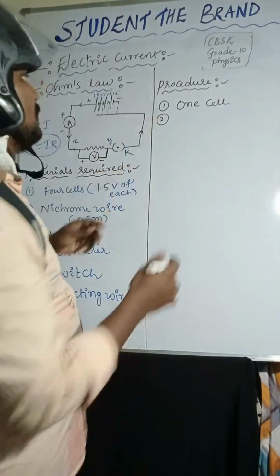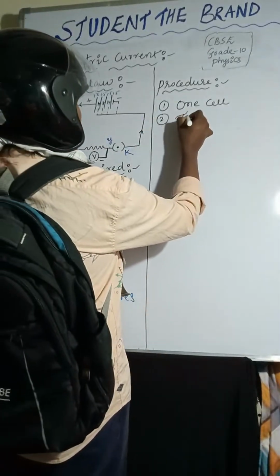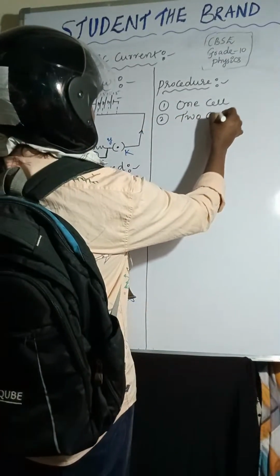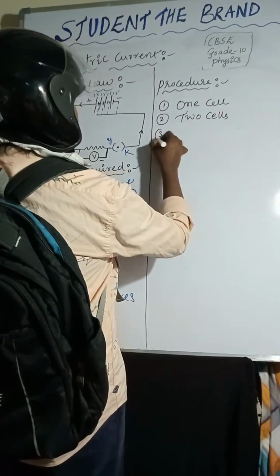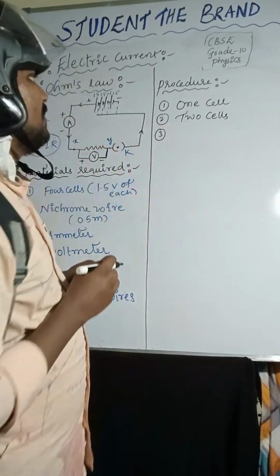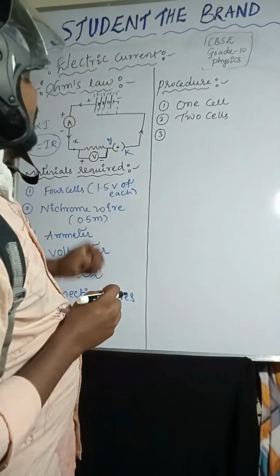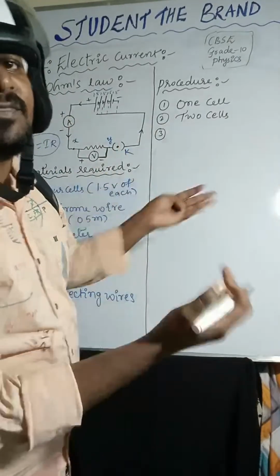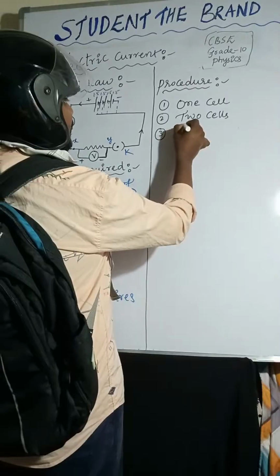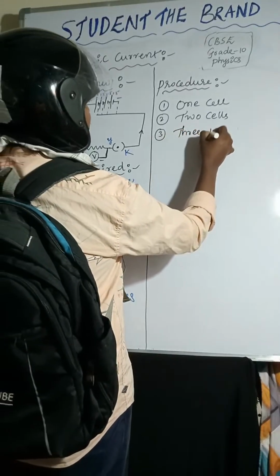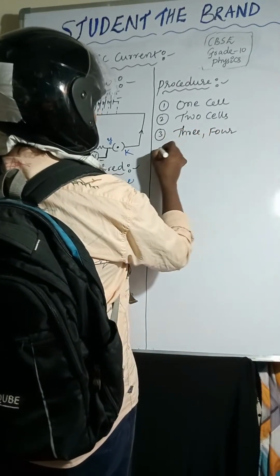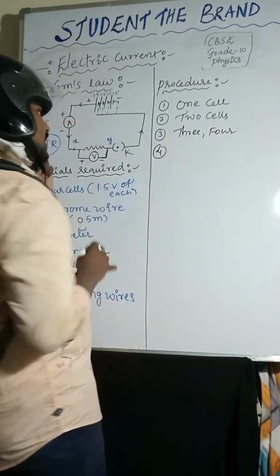Next, connect two cells. Again, note down the reading of the ammeter and voltmeter. Repeat the process for 3 and 4.